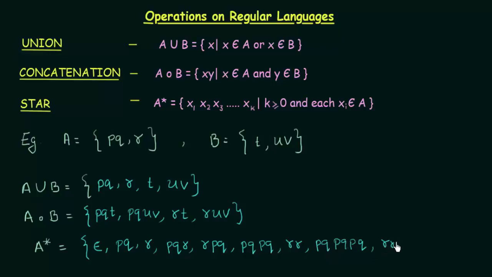And I can also join R three times, R R R, and it goes on. This actually will be an infinite set. It could have an infinite number of elements.